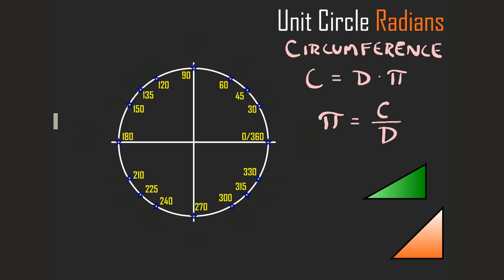So let's start out by defining 0 or 2 pi as the same as 360. Going all the way around the circle, 360 degrees is the same as going 2 pi radians. So 2 pi is equivalent to 360.